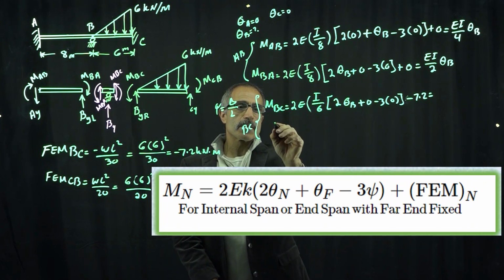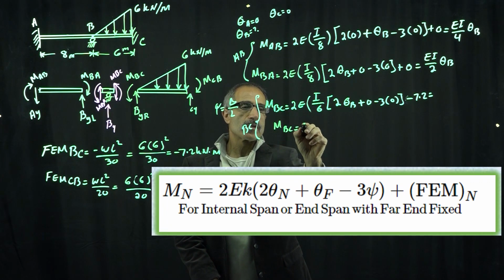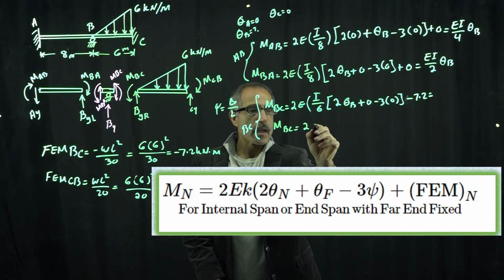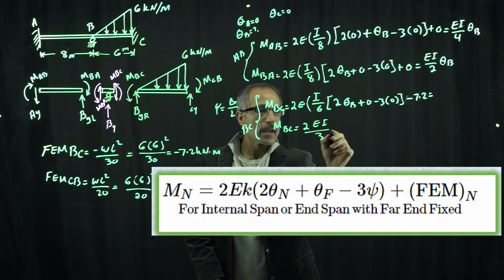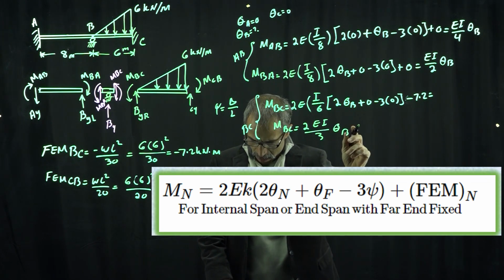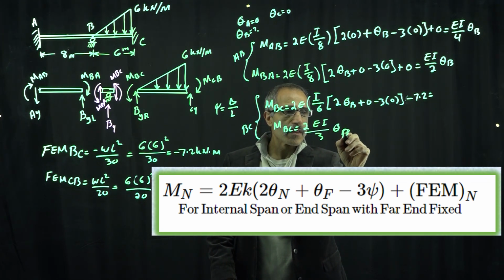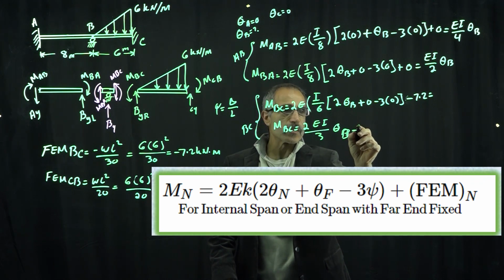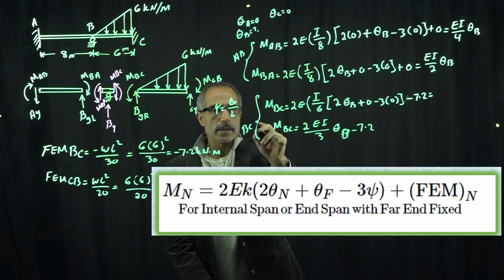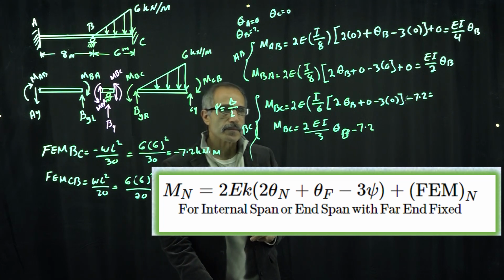So MBC comes out to 2EI divided by 3 times theta B minus 7.2.